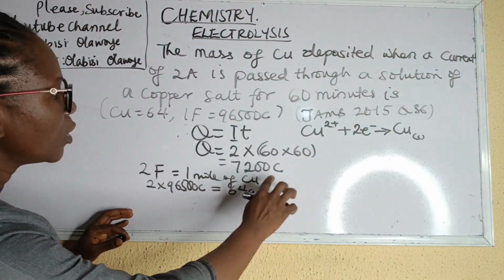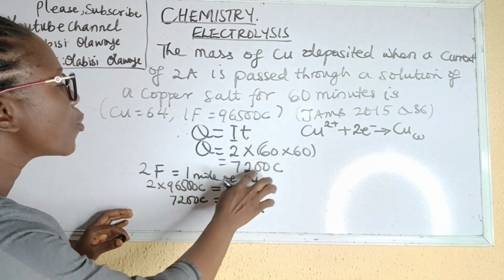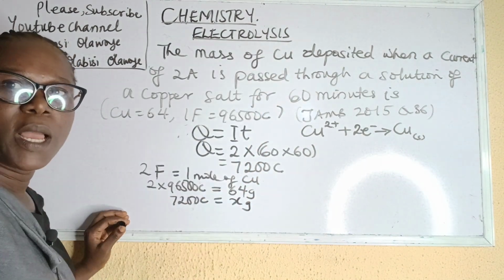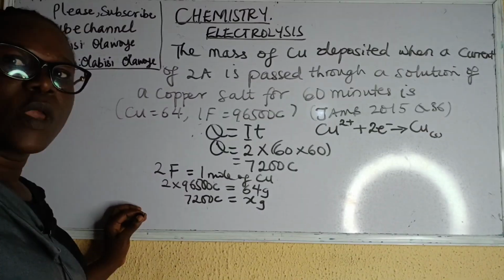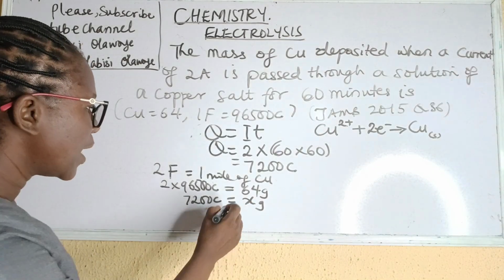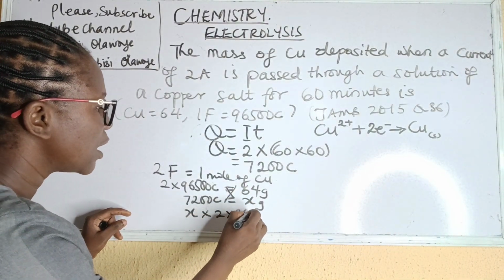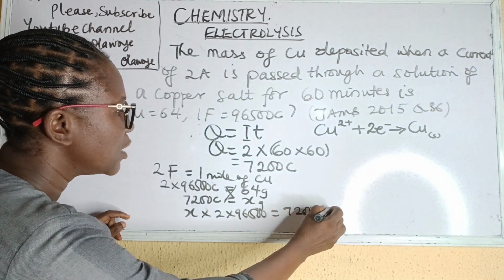So this 7,200 that we got in the question will produce what mass? That is X grams of copper. You can see that everything is arranged together. We have quantity of electricity on one side, the mass on one side, then we cross multiply: X multiplied by 2 multiplied by 96,500 equals 7,200 multiplied by 64.